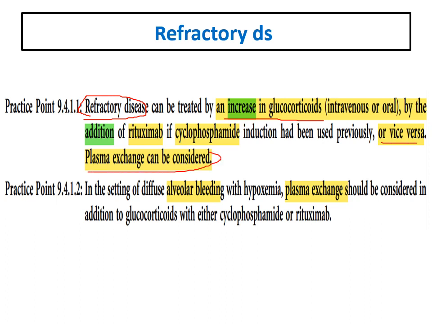And of course, plasma exchange can be considered in such refractory cases. And in patients with diffuse alveolar bleeding, plasma exchange should be considered in addition to the initial induction regimen, either steroids or cyclophosphamide or rituximab. So we can add plasma exchange in such refractory cases, or if there is alveolar bleeding.